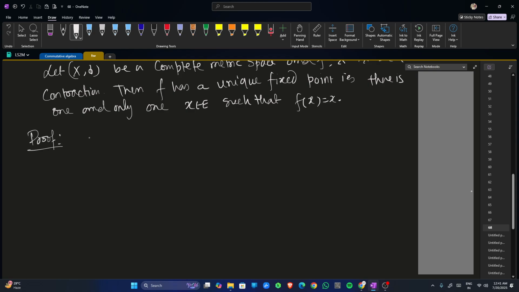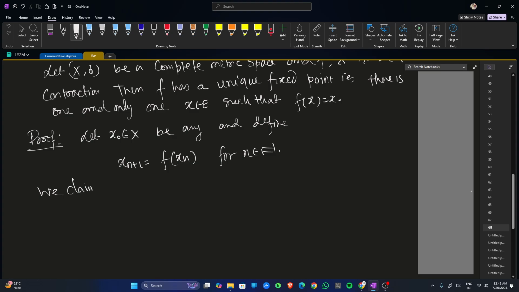Proof: let x0 in X be any point and define x_{n+1} to be f of x_n for n in the natural numbers. We claim that x_n is Cauchy.